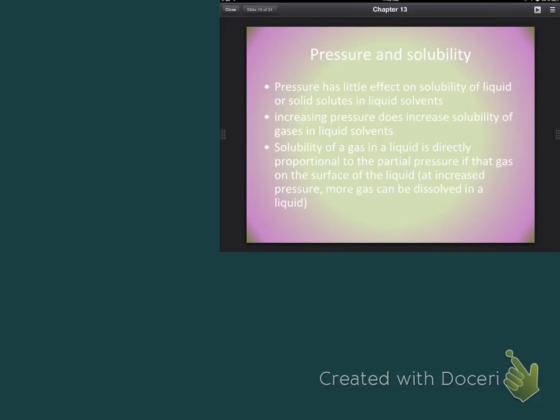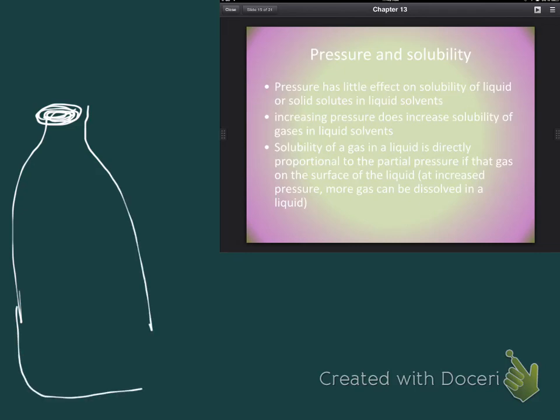So when you up the pressure, it doesn't change how soluble liquids and liquids are. It doesn't change how soluble liquids and solids are. However, if we are attempting to dissolve a gas into a liquid, and our favorite example is pop, my badly drawn pop there with what gas in it? CO2. Under higher pressure, we can dissolve more gas into the liquid.